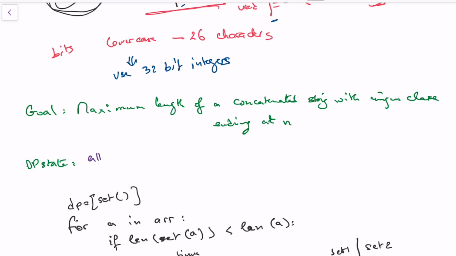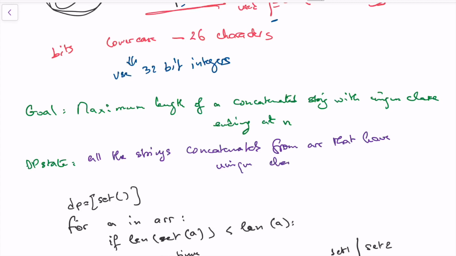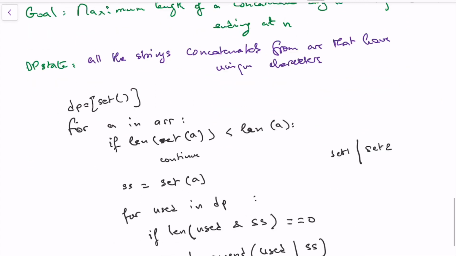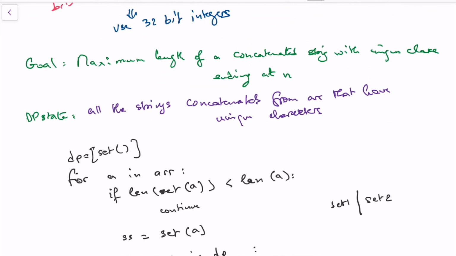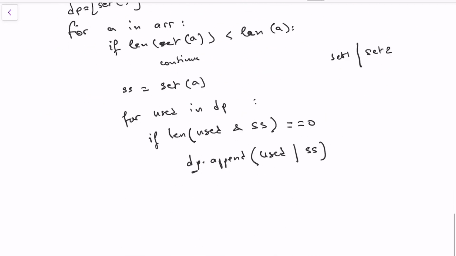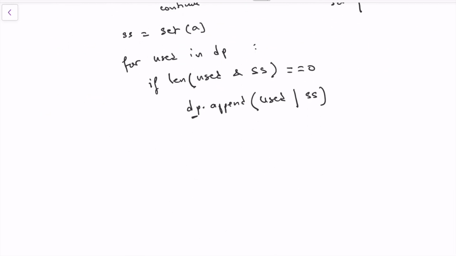It will contain all the strings concatenated that have unique characters, right? And then from these, I could just take the one with the maximum length, because they all satisfy the constraint. So at the end, I could just return the length of the maximum one, right? So that's what I want.